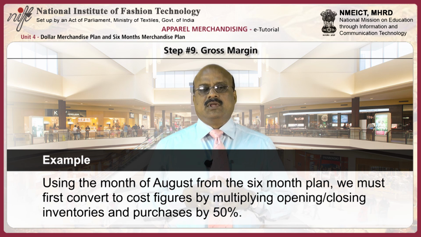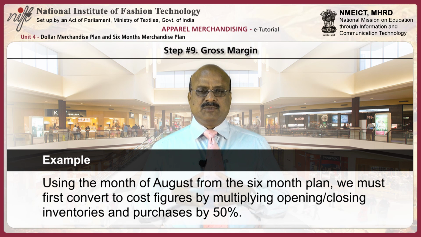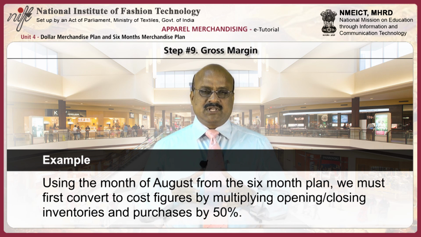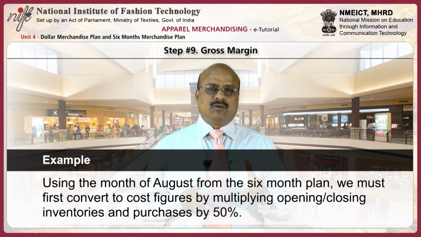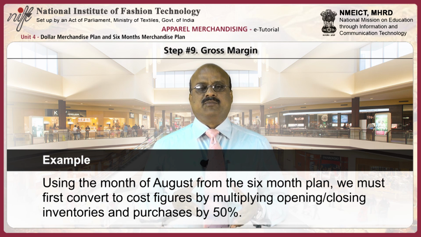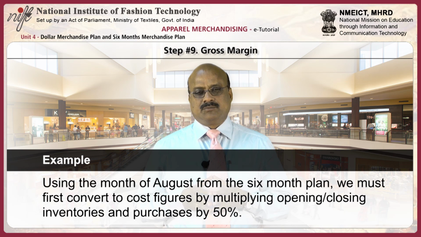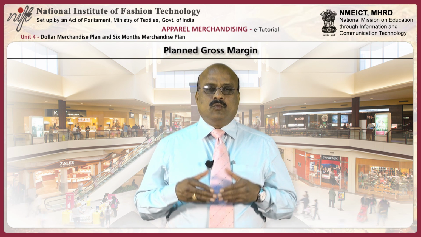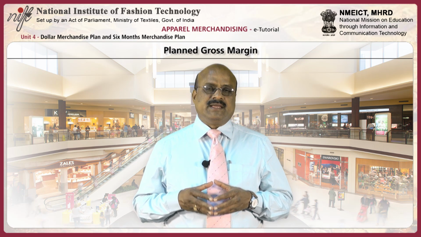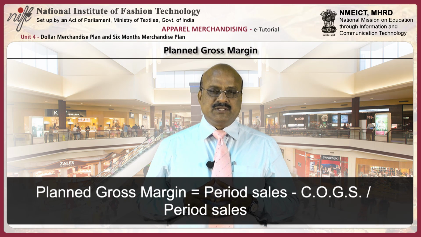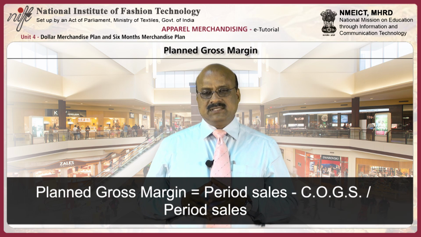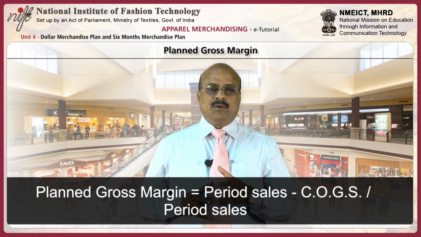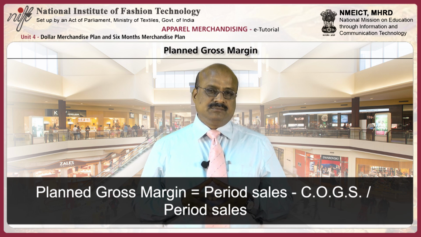For example, using the month of August from the 6-month plan, we must first convert to cost figures by multiplying opening or closing inventories and purchases by 50%. Finally, we determine planned gross margin like this. Planned gross margin is equal to period sales minus COGS, that is cost of goods sold, upon period sales.